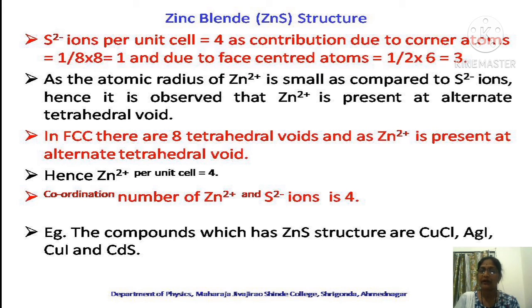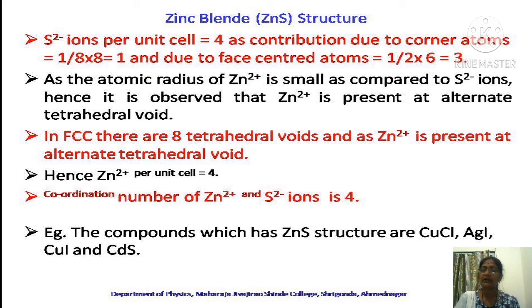As the atomic radius of Zn2+ is small as compared to S2- ions, S2- ions will be present at the corner and the face-centered positions, and Zn2+ ions will occupy the tetrahedral voids.